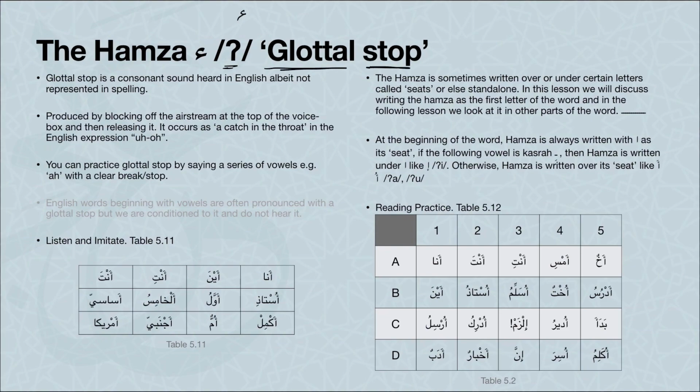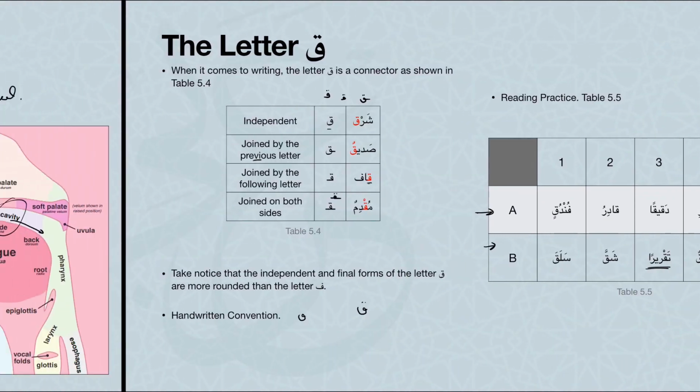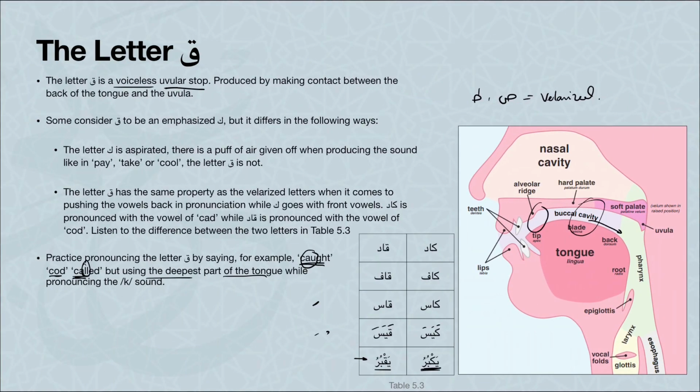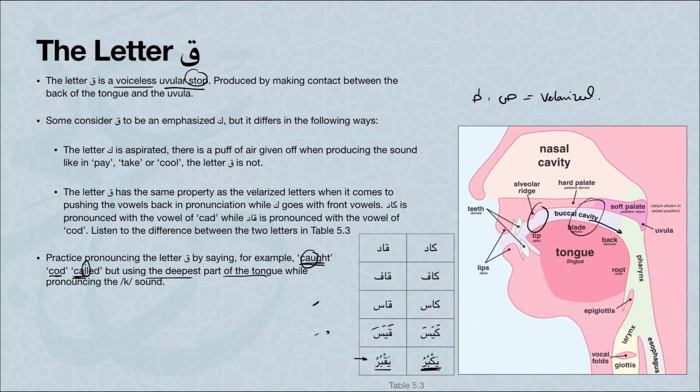What is a glottal stop? Remember when we said that the qaf is a uvular stop? Let's go back to qaf. It's basically that you block the air by touching the back of your tongue to the uvula. ق ق ق.